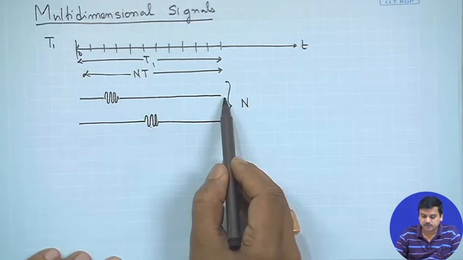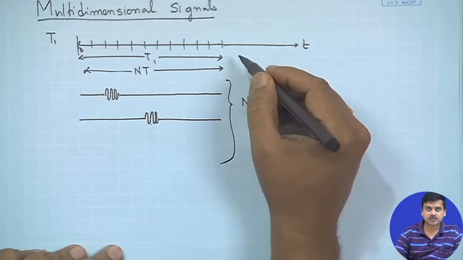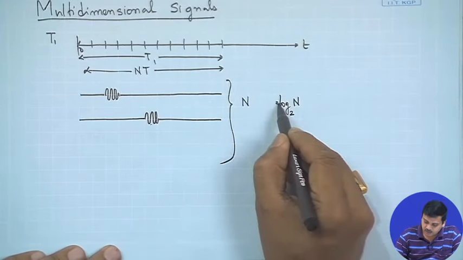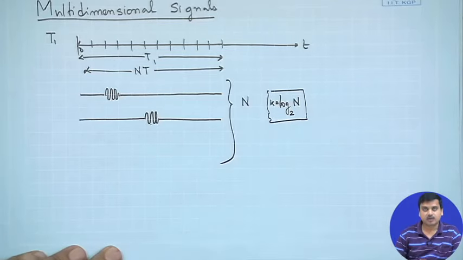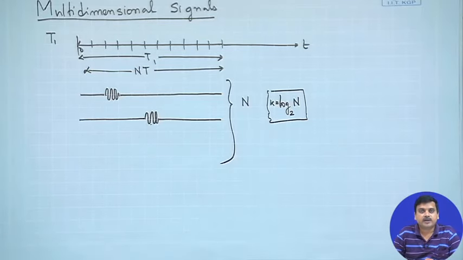The number of bits required to represent this would be log base 2 of n, because there are n possible choices, and this should be equal to k. So we would do PAM signaling on each of the time slots when we have a group of time slots available.